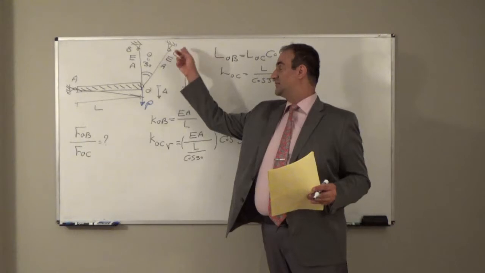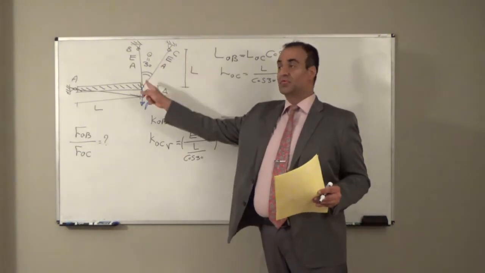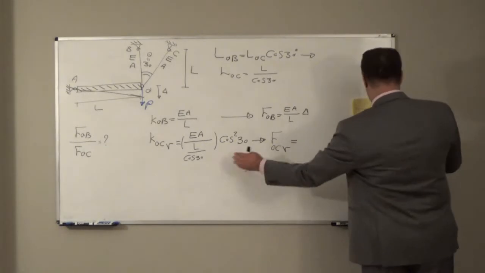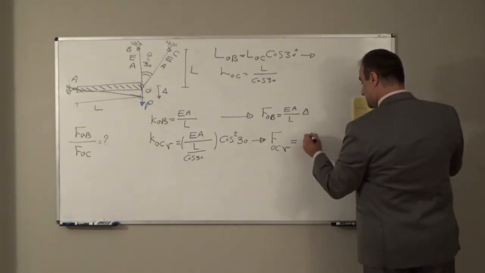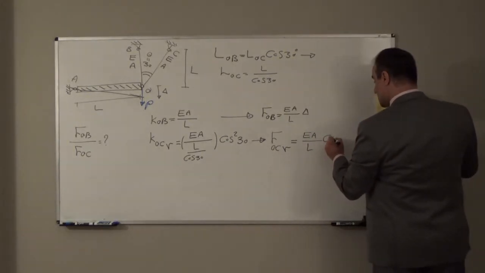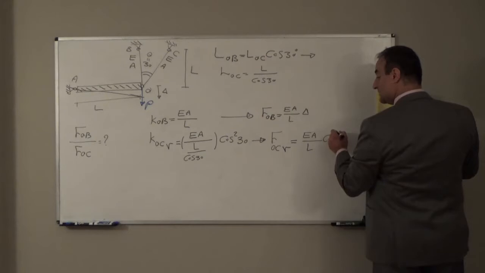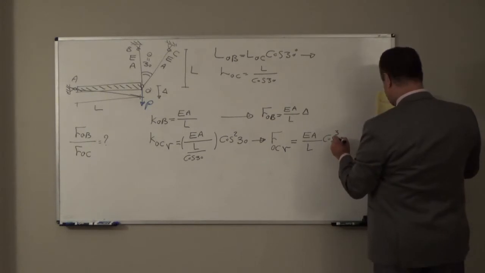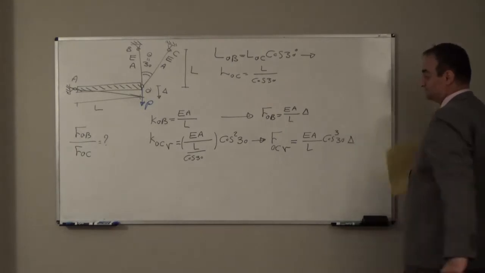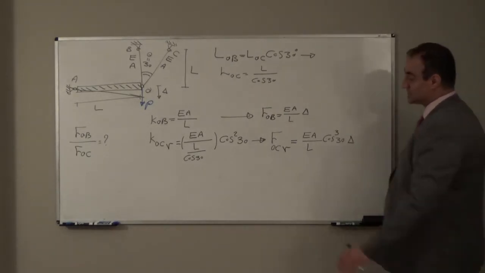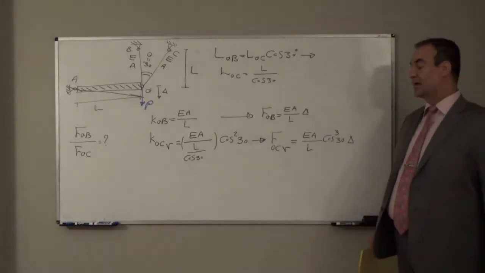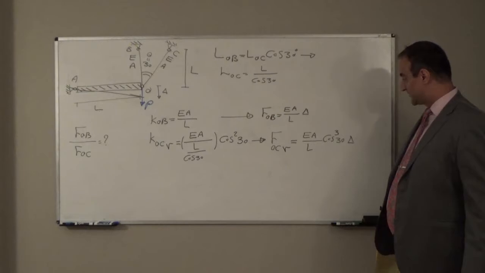So the internal force OC component in the vertical direction will be equal to EA over L cosine cubed 30 times delta. This cosine 30 multiplied by cosine squared 30 will be cosine to the power of 3.